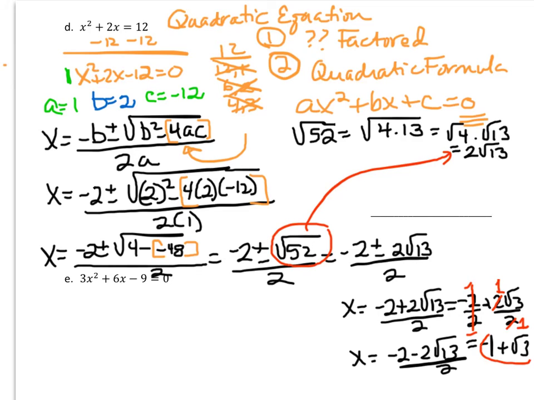So there's one of your answers, negative 1 plus the square root of 13. And the neat thing about quadratic equations is once you have one of your answers, you know the other. X equals negative 1 plus and minus the square root of 13. There you go. So that's the answer to equation D.